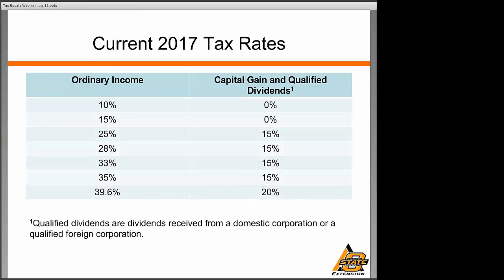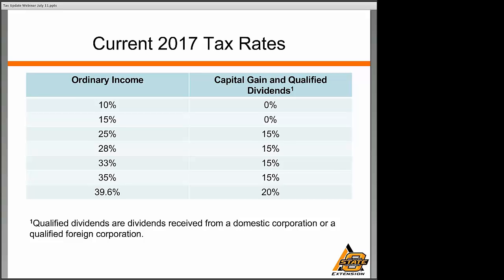Now let's look at these. If you look at our current tax rates, on the left-hand side, you'll notice we've got 7 of these, ranging from 10 to 39.6. Capital gains rates that apply: if you're in a 10 or 15% bracket, capital gains are not taxed. If you're in the 25 through 35% brackets, capital gains are taxed at 15%.